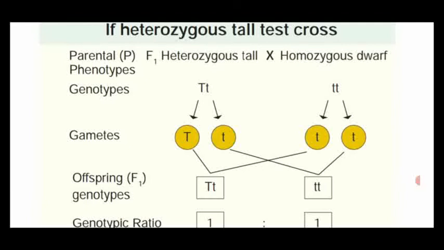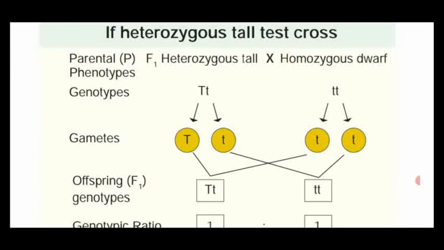That tall plant is crossed with the recessive parental plant. That's why it is given here. Parental phenotypes are F1 heterozygous tall, capital T, small t, crossed with the recessive parent, another small tt.